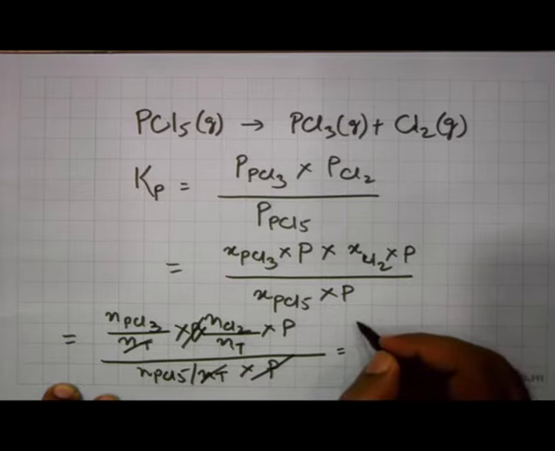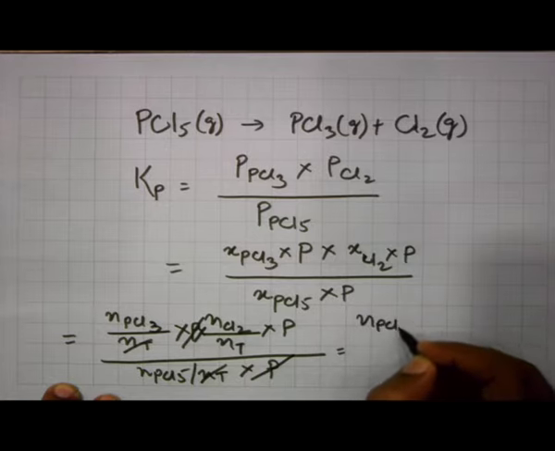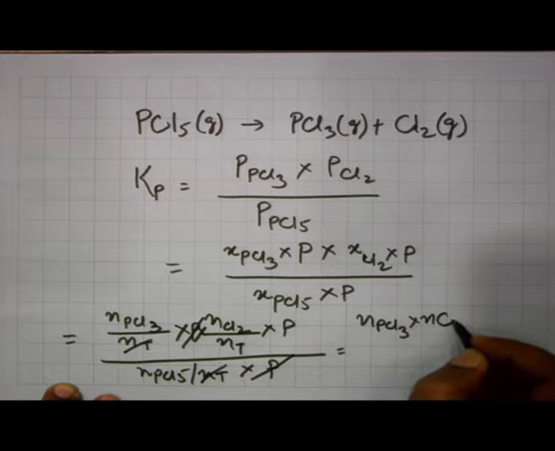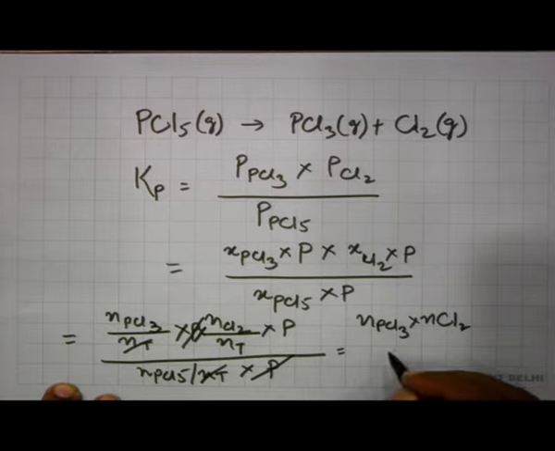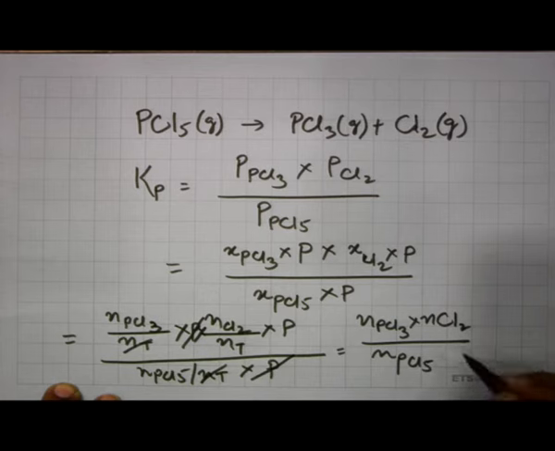What we are left with is NPCl3 into NCl2 divided by NPCl5, and then one P by Nt on this side.